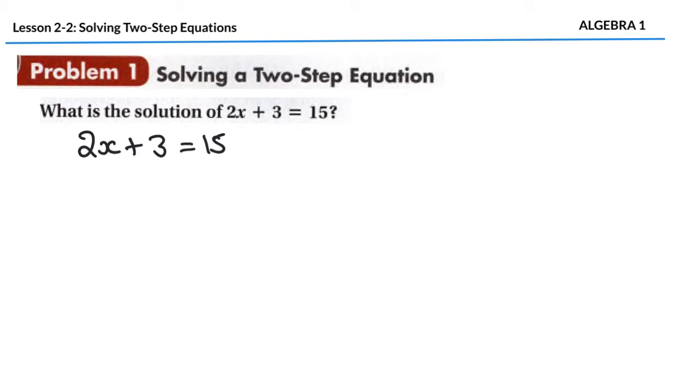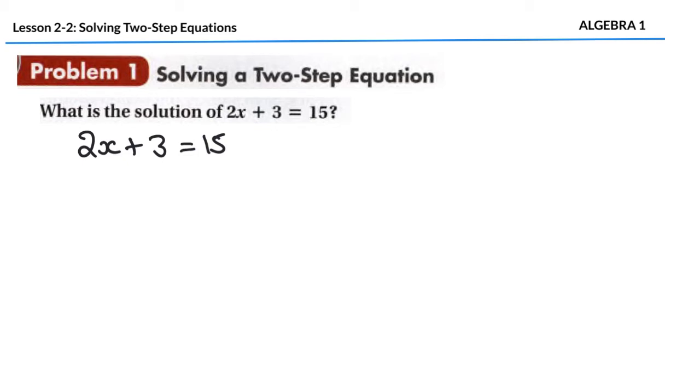Now, if we have to keep the variable alone, then we have to remove everything that is associated with the variable. In this case, 2 is multiplied with x and 3 is added to 2x. So there is multiplication and there is addition. And we are solving the equation.